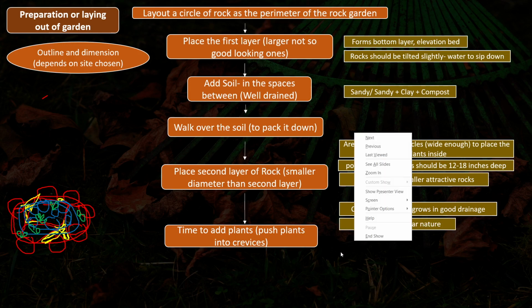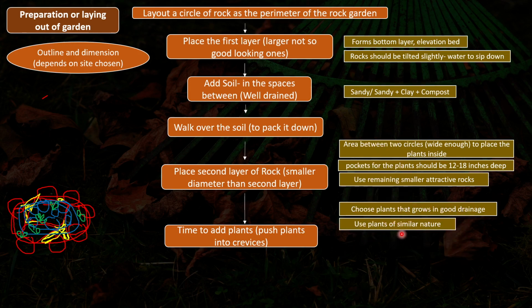And another thing is use plants of similar nature. That is, all of the plants should be rocky plants, because if you choose, for example, a plant that requires a shady area, that is not a good option, because you will not have a shady area in your rock garden.